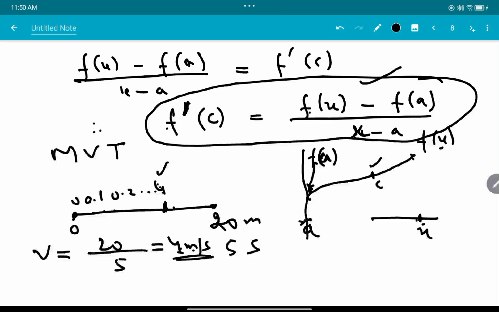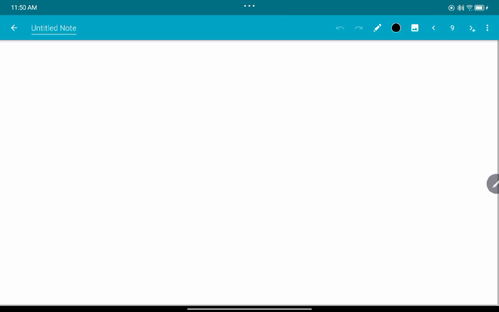Now we have derived Taylor's theorem. Then we saw the mean value theorem. Next we have a very important thing that will be very useful for us in dealing with complex functions.